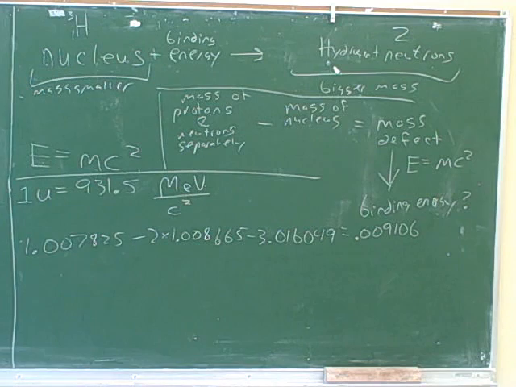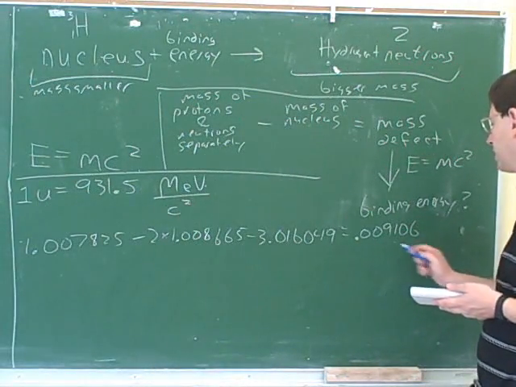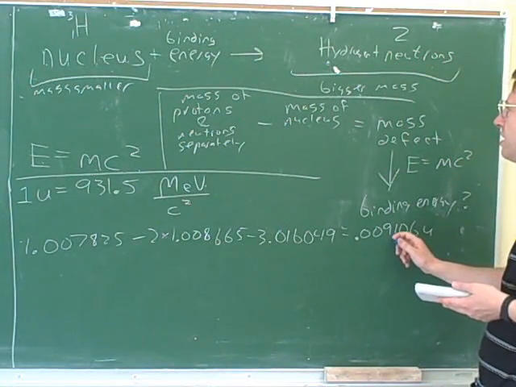And then you multiply that by 1.5. Good, because what are the units on this number? U. Good, and what concept does this represent? Mass.